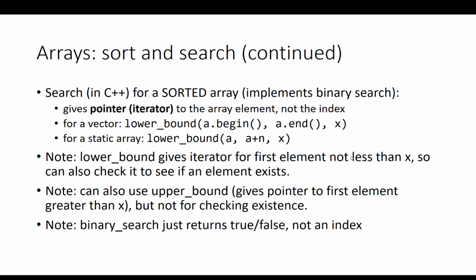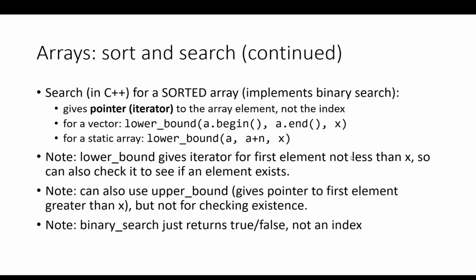So if I have an array and it's got the numbers 1, 3, 5, 7, 9, the odd numbers, and I'm looking for the element 8, well, guess what? It's not going to be in there. But if I call lower bound, it's going to be pointing at the 9, because that's the next thing that's not smaller than 8. If 8 was in there, it would be pointing at the 8.